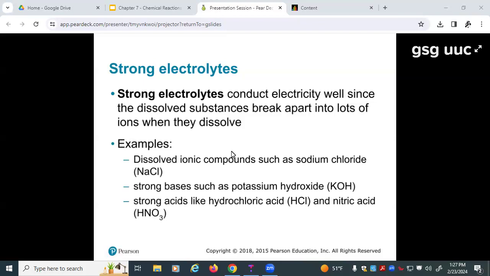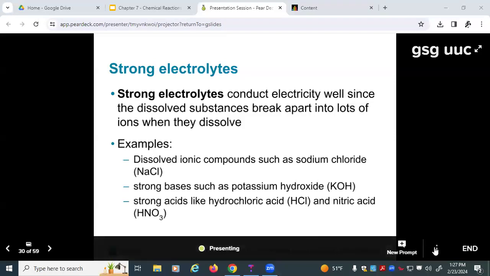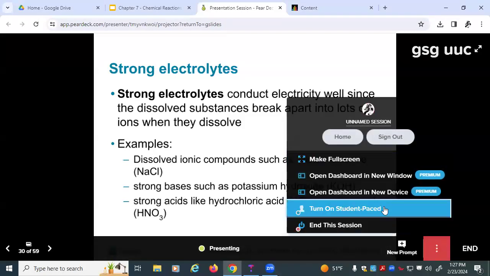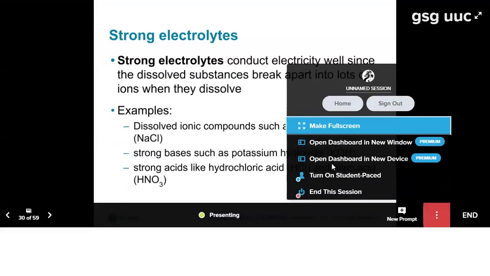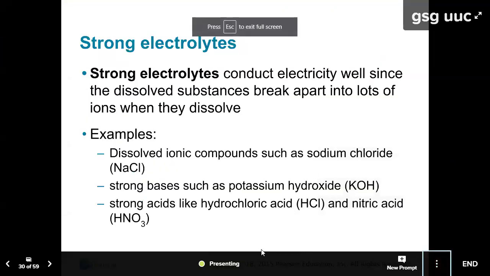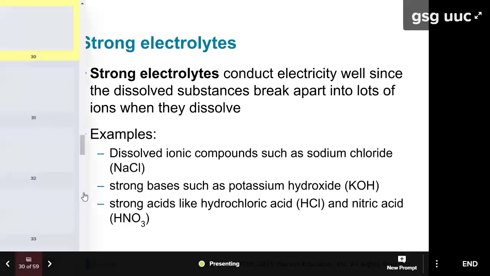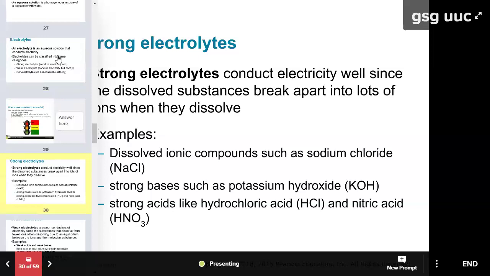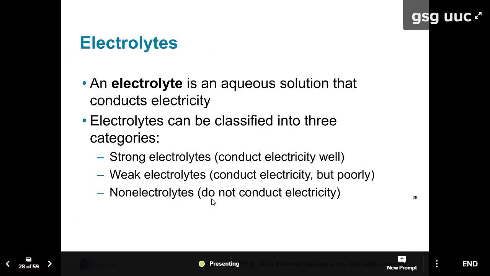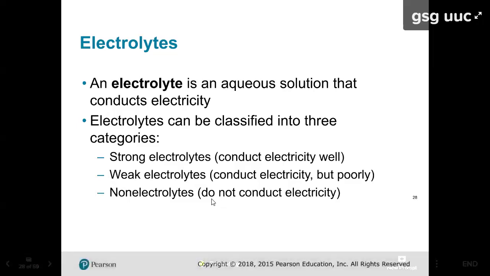There are the strong electrolytes, which conduct electricity very, very well. There are the weak electrolytes, which conduct electricity, but they do so a little bit less well than others. And then there are the non-electrolytes, the ones that don't conduct electricity at all.